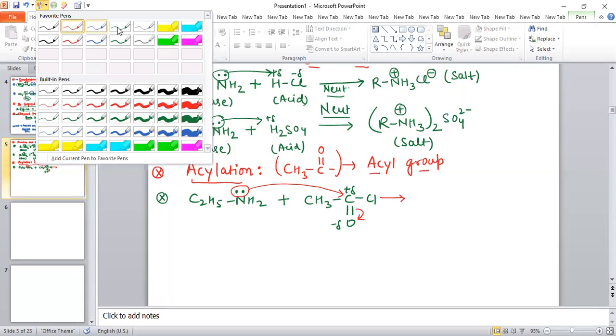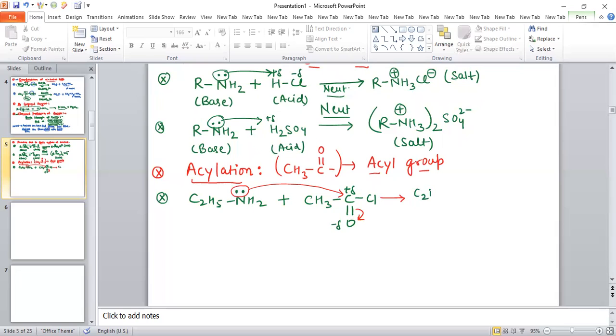Now see what happens. This will form C2H5. After donation of the electron pair, the nitrogen atom becomes positively charged, and there are also 2 hydrogen atoms on this nitrogen.